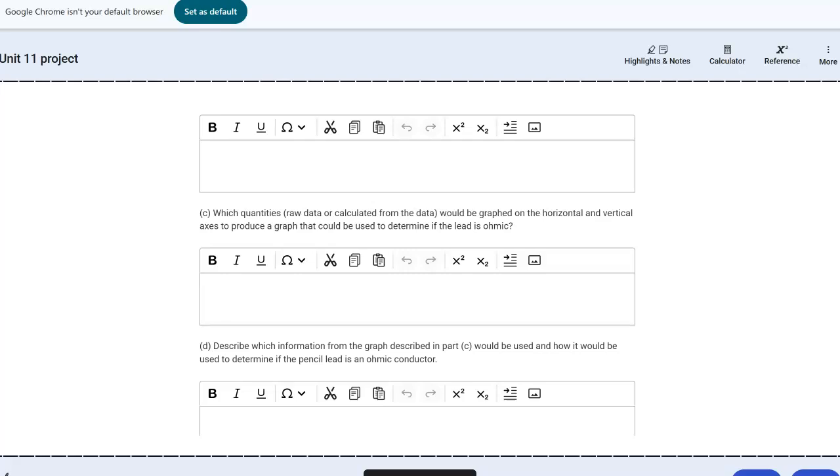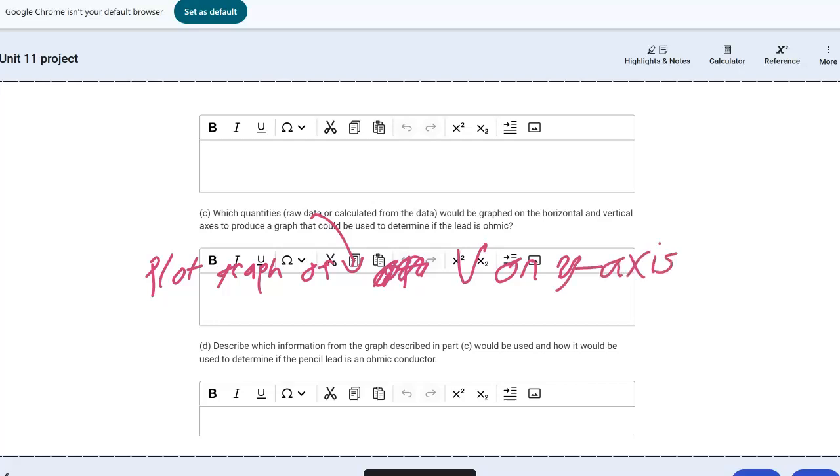So I would plot a graph of the raw data, V on the y-axis and current I on the x-axis.